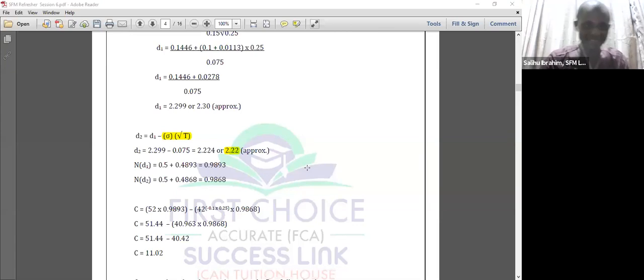So I will simply subtract that from 51.44. So what do I have? I have 7.55. Is that correct? 7.55 as the call option price.